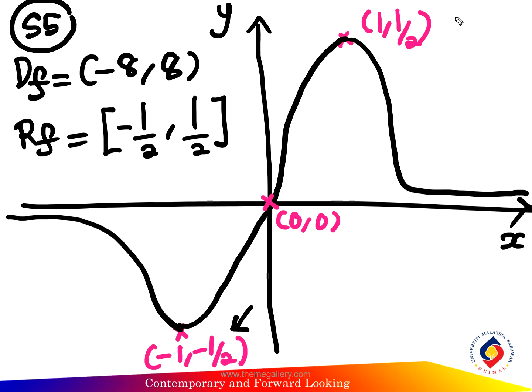And the highest value of y, the maximum y, equals 1/2. So the range of the function, bottom up, starts at negative 1/2, includes negative 1/2, to positive 1/2. So the range of the function here uses the closed interval. Domain of the function goes from the left to the right, and the range of the function goes bottom up.